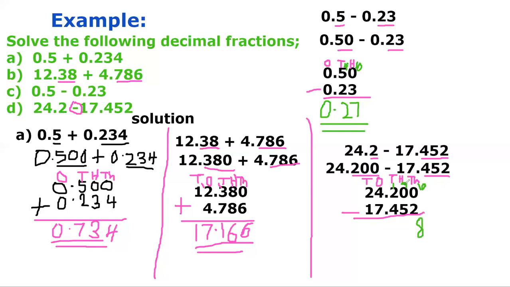Okay, now here is 9. 5 from 9, you get 4. Now here is 1. You can't subtract 4 from 1. Remember that it was 2 and then we took 1 from it. So here it remains 1. So we can't subtract the 4 from the 1.